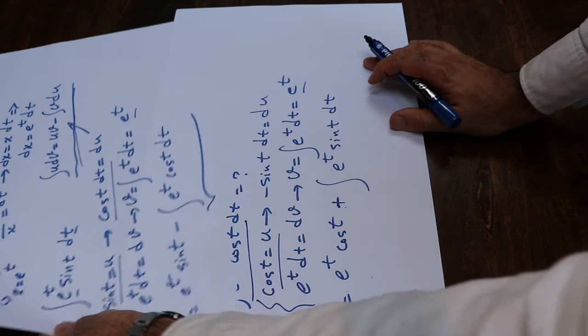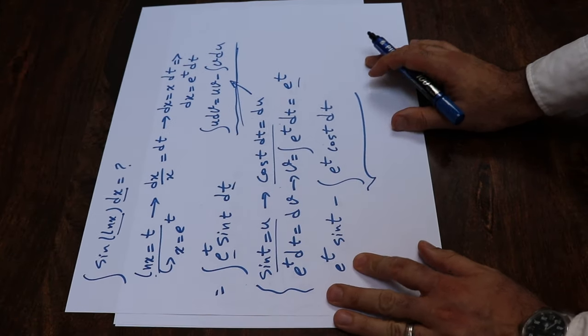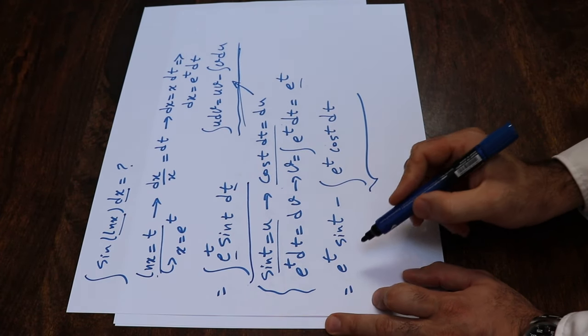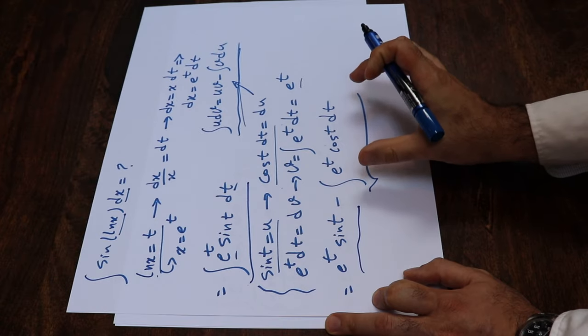Now if you look at the original integral, we wanted to calculate this integral. It is equal to this term minus the integral of this term.